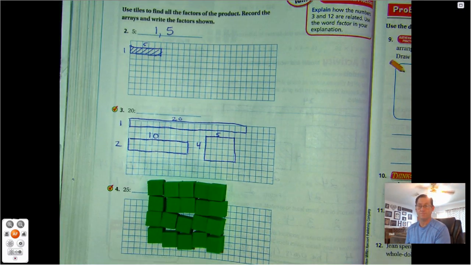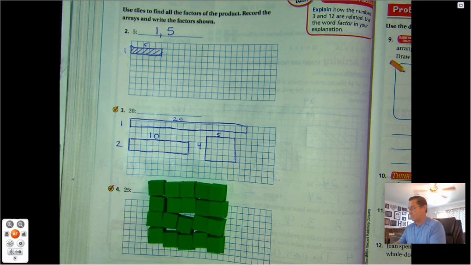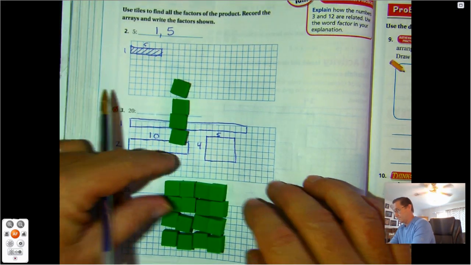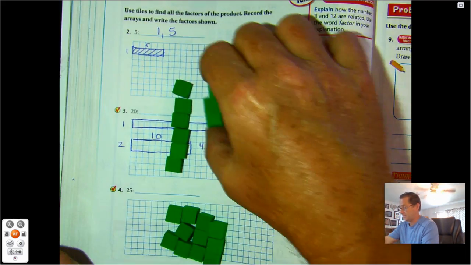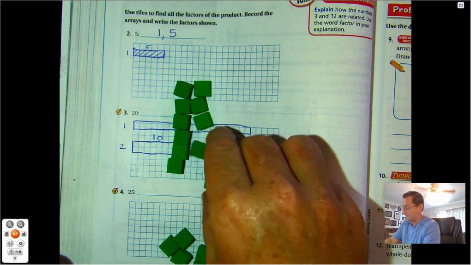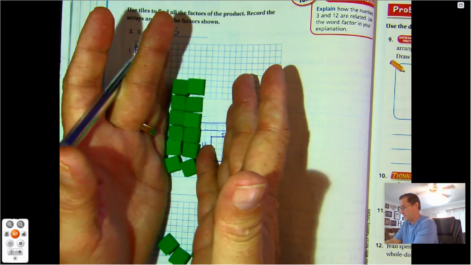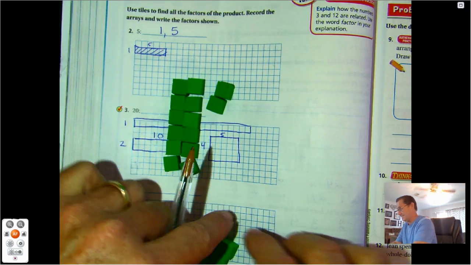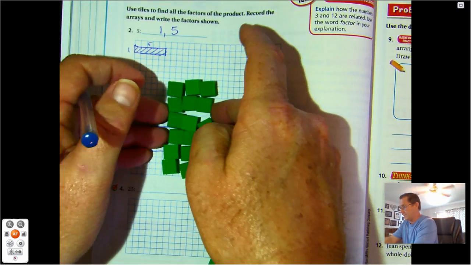6, will 6 work? So 6, another 6 is 12. And another 6 is 18. But that's not going to work because that leaves me 2 left over.